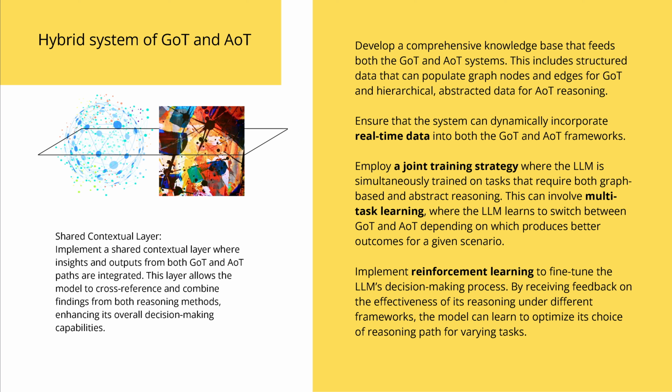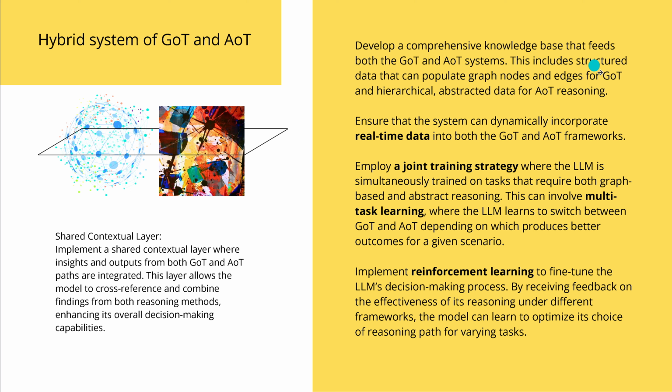AI just knows old historic patterns, but has real problems coming up with new architectures, with new solutions for this. But why not follow the idea? And I wrote this. I said, okay, so somehow we have to develop a knowledge base that feeds both systems, the graph of thought and the AOT.